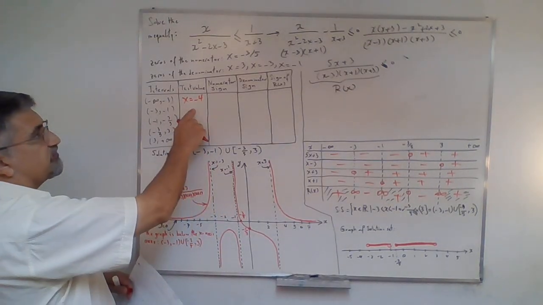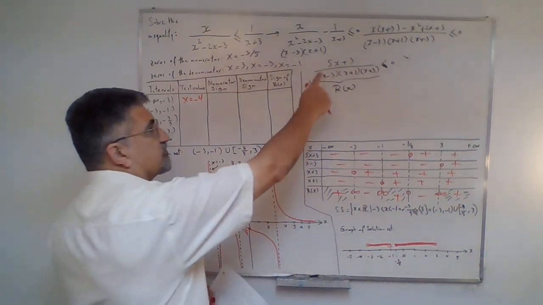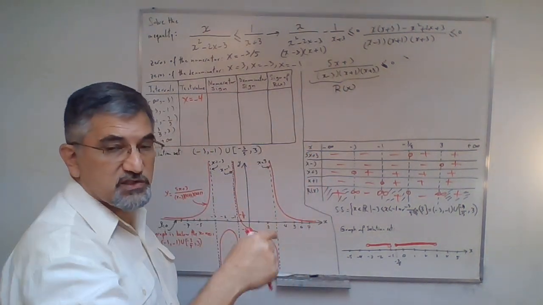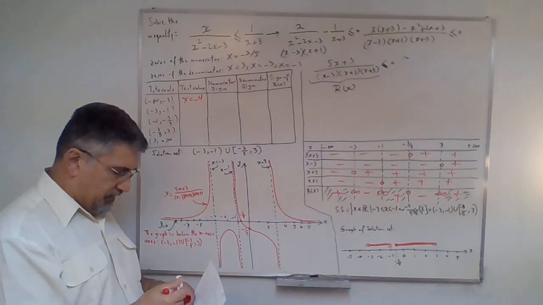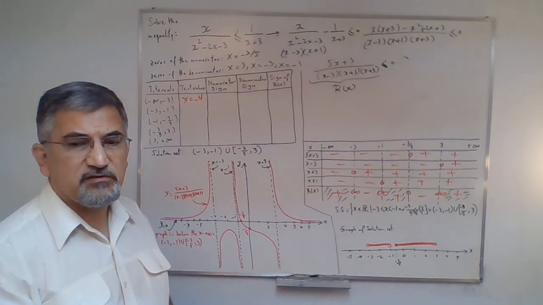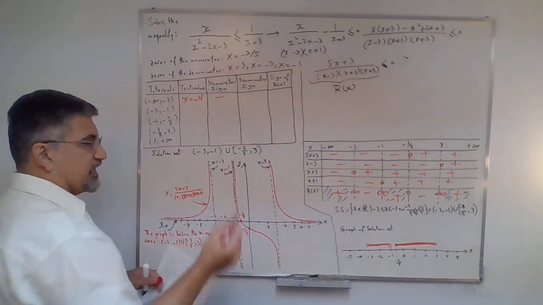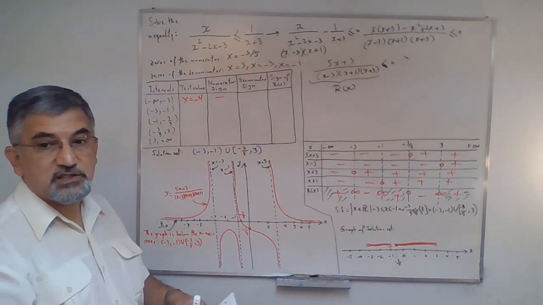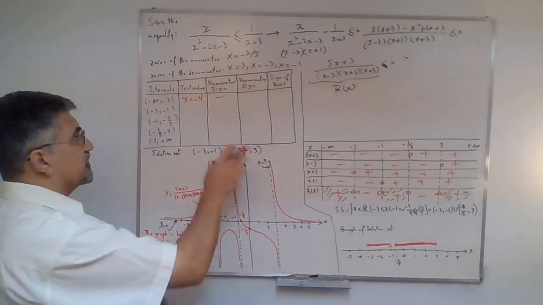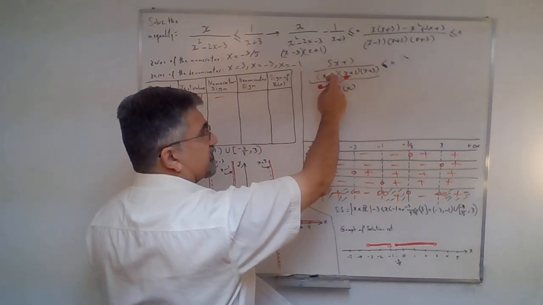Now if x is -4, I wonder what the numerator will be. It would be 5 times -4, which is -20, plus 3, and that's -17. Now, we don't care about the value of the number -17 or -18 or whatever. We care about the sign only. So the numerator has a negative sign. That's what we are interested in. And the denominator, if you plug in -4, this expression will be negative, that will be negative, this will be negative.